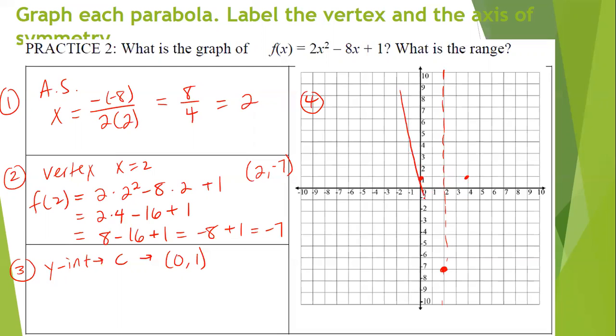And here is our parabola, pretending very strongly that that's perfectly drawn. And your domain is going to always be what? All real numbers. And in this case, I have a minimum vertex, so what is my range? Greater than or equal to -7, or it can be written from -7 to infinity.